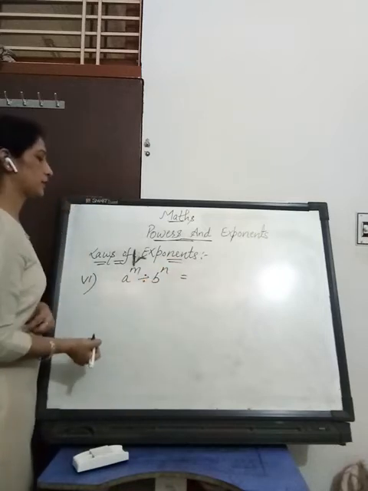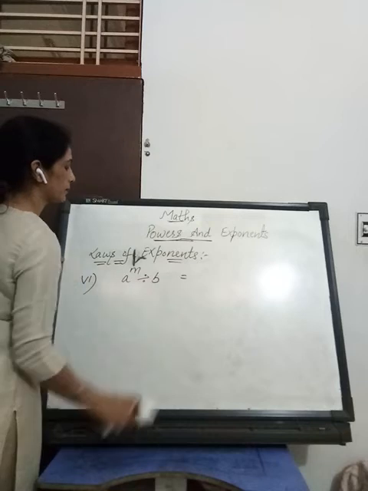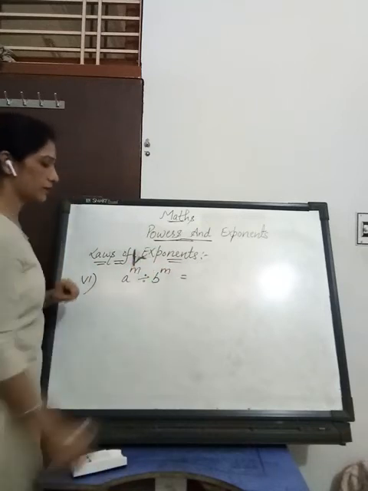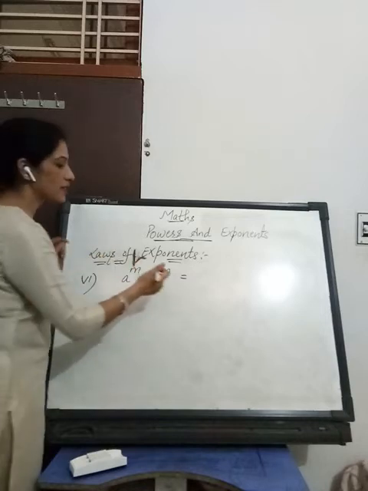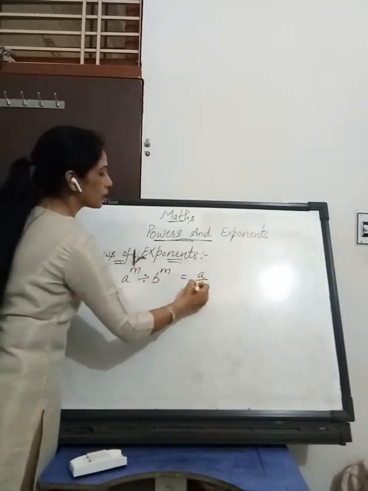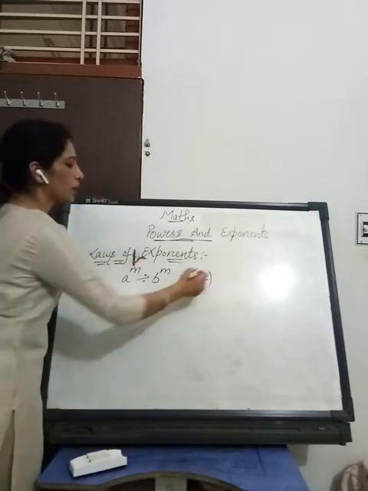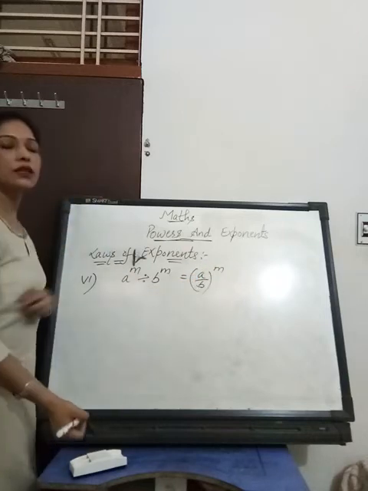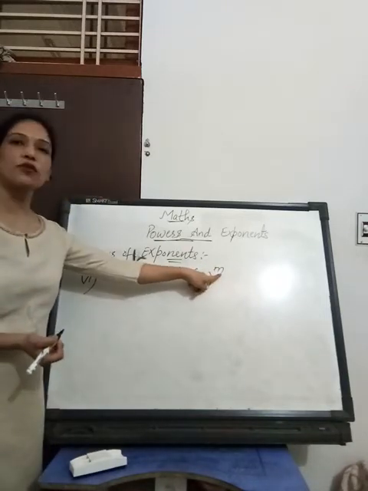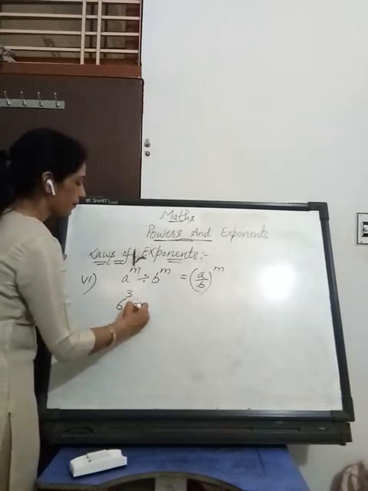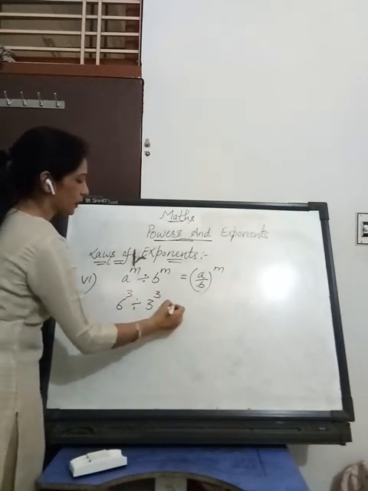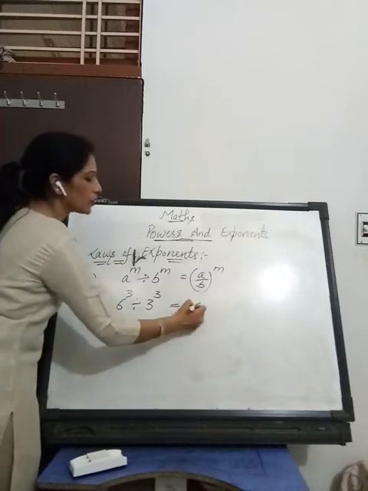Look at here. Now bases are different but powers are same. So what you will do? You will divide both the bases and power you have to write as it is. For example, your question is, yes, what you will do?